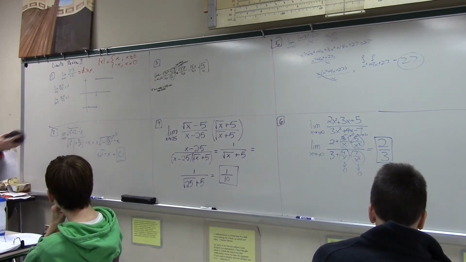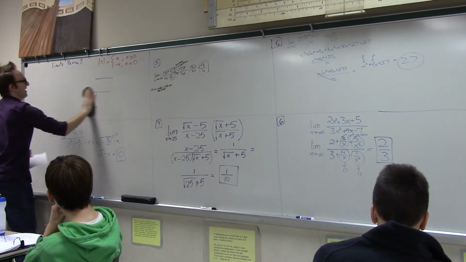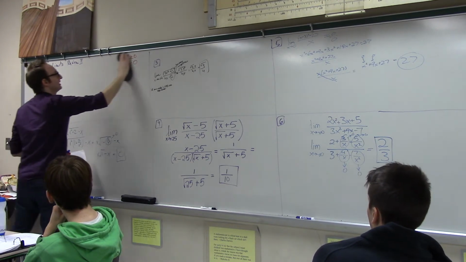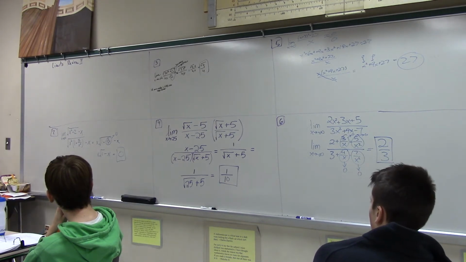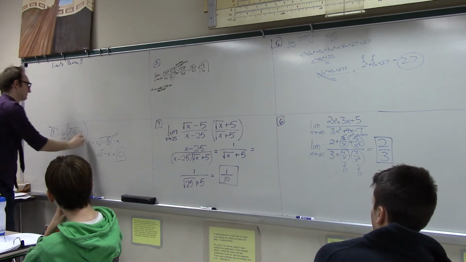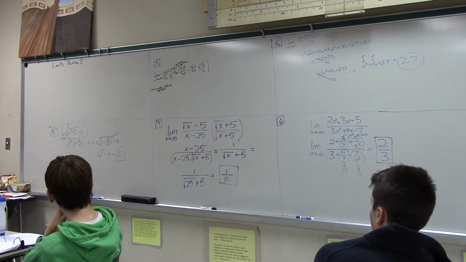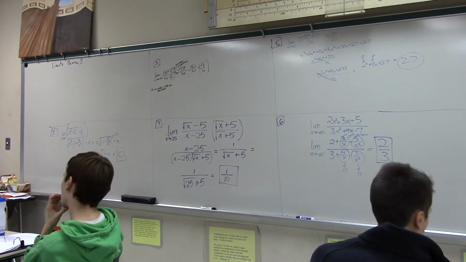Okay, let's pause for a minute, and we're going to come back to this in a second. I want to convince you of something. What form does this limit take? How would you describe the general form of this limit? That's kind of a vague question. Yeah, what am I talking about?